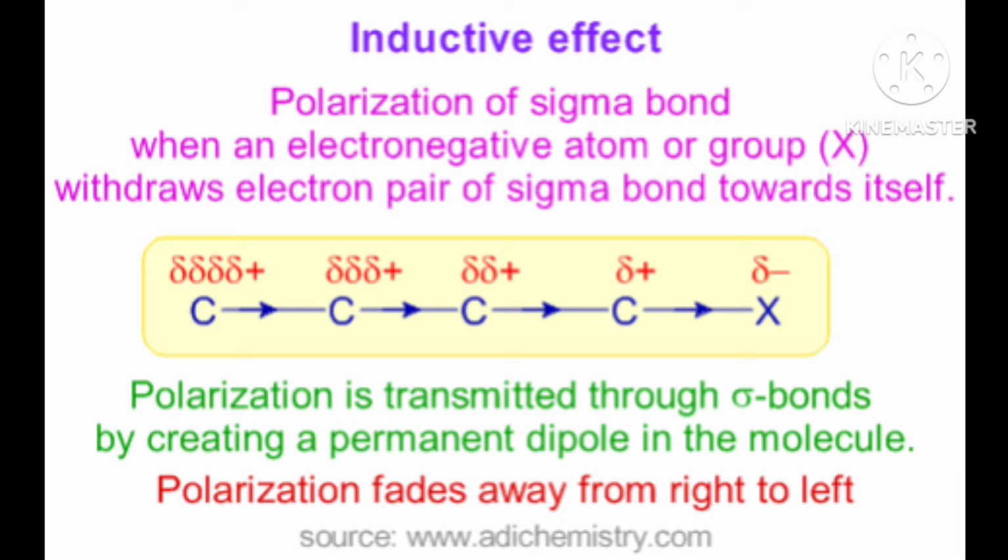Wherever carbon has 6 electrons, it wants 8 electrons. That's why it seeks electrons, and hence behaves as an electron-deficient species, or you can also say an electrophile.